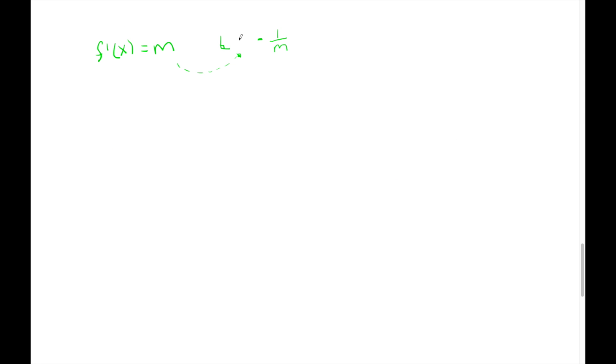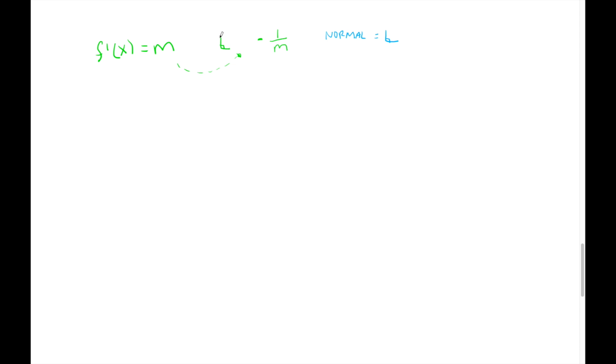Now, as an extension of this lesson, say I wanted to find out the equation of the line that is what is called normal to our tangent. When you say normal in math, it basically means perpendicular, 90 degrees. Well, it's the same thing as before. We're going to use f prime x to find our derivative. However, f prime x will give us the slope m of the tangent line.